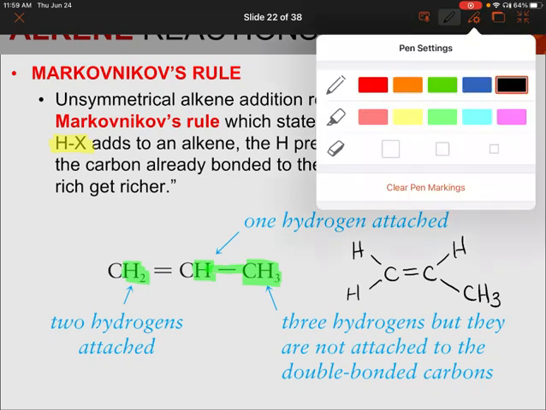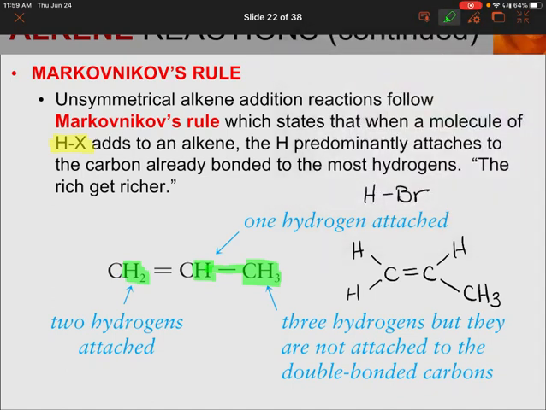Well, what Markovnikov found was that the hydrogen predominantly attaches to the carbon that's already bonded to the most hydrogens. Or you can think of this as the rich get richer, which is pretty relevant right now.